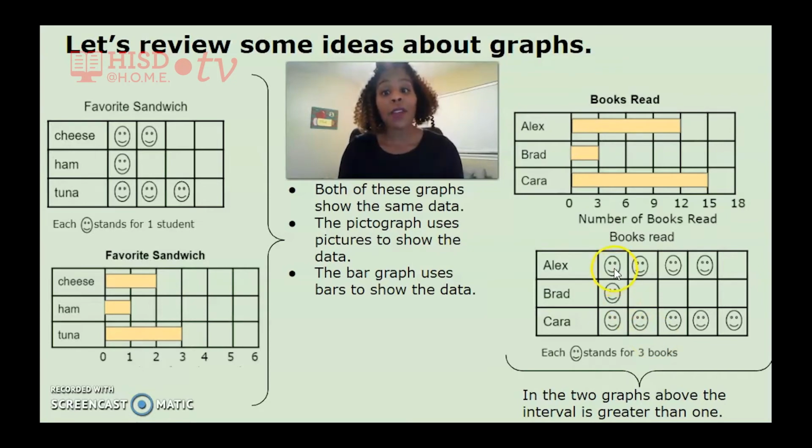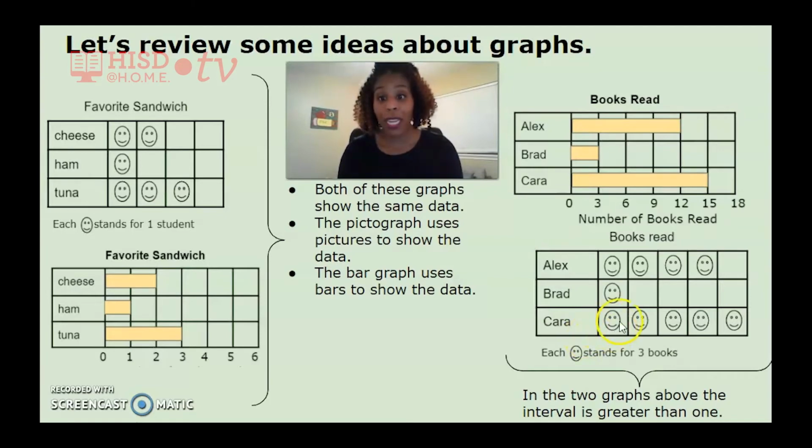So now we have 3, 6, 9, 12. Alex read 12 books, just like it was represented on the bar graph. Brad read only 3 books. We only have 1 smiley face because remember, our smiley faces represent 3.